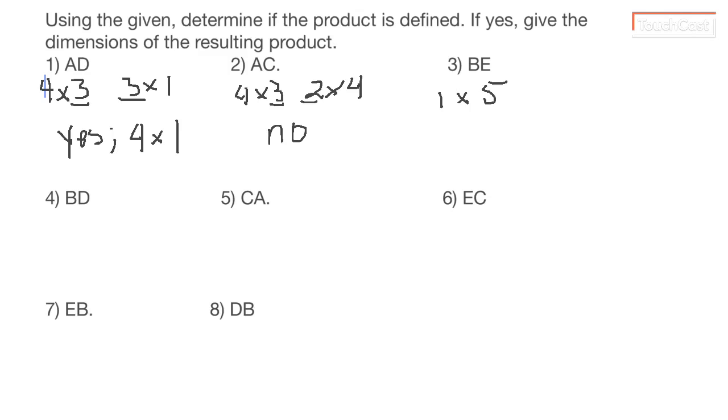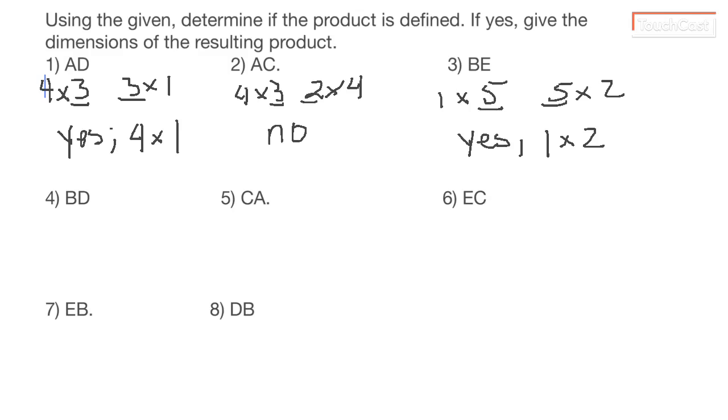E is a 5 by 2. Since the number of columns in B is equal to the number of rows in E, we can multiply them, and the resulting matrix is going to have the dimensions 1 row, 2 columns.